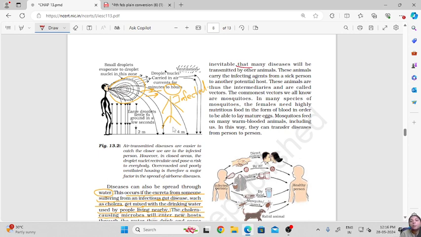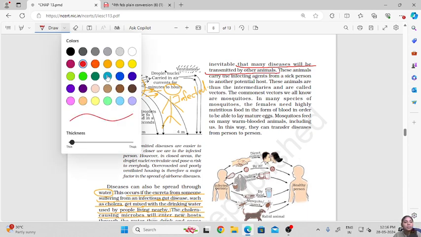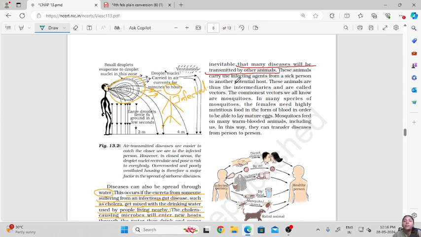Many diseases are transmitted by animals too, and these animals that carry the infectious agent from one sick person to another potential host, or a healthy person, are called vectors. So these animals are the intermediates and are called the vectors of diseases.